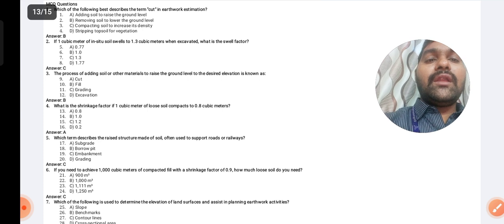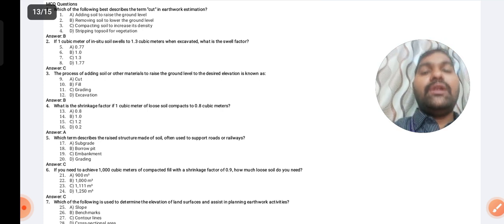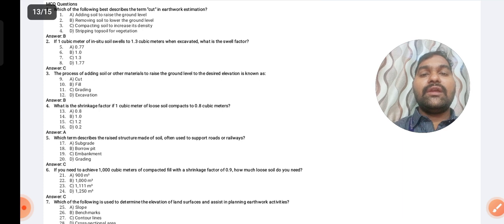And then for the third one, other materials added to raise the ground level to the desired elevation are known as fill actually. It's not a cut, it's not grading, it's not excavation, it's called a fill. So here we give the option fill.